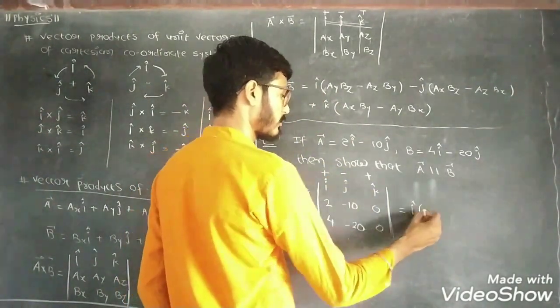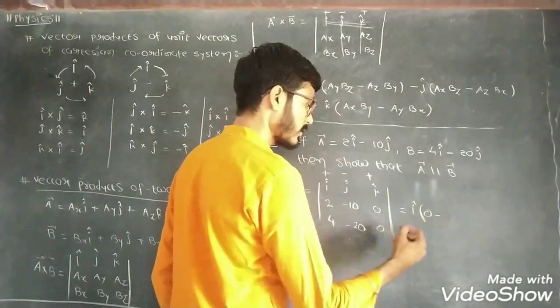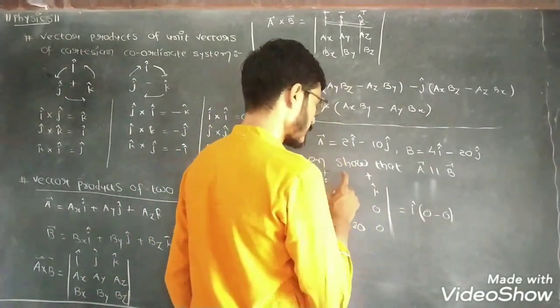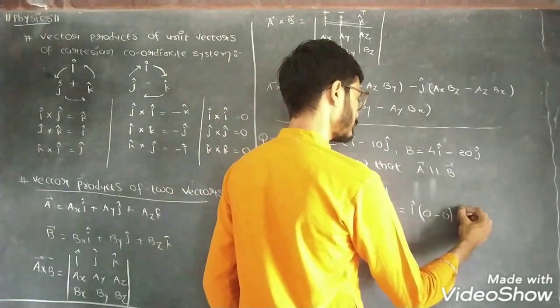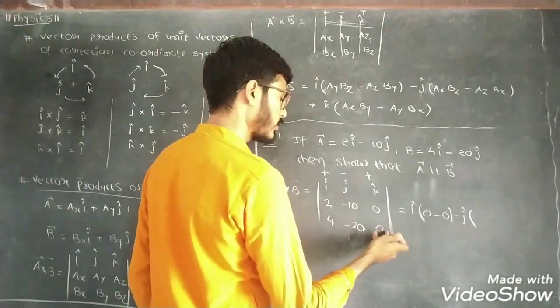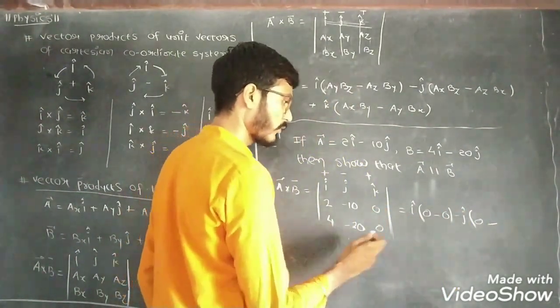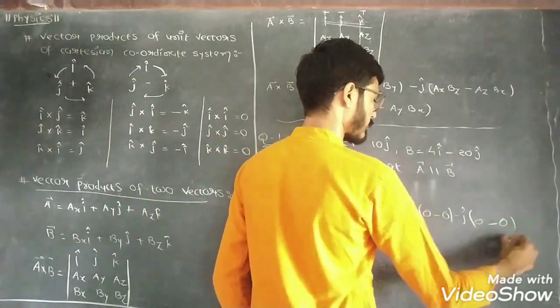For the first plus i, minus 10 into 0 means 0, minus 20 into 0 means 0. Minus j caret, cross multiplication: 2 into 0 means 0, minus 0 into 4 means 0.